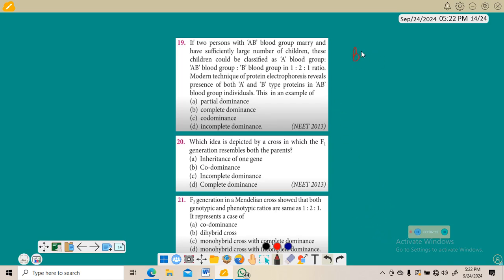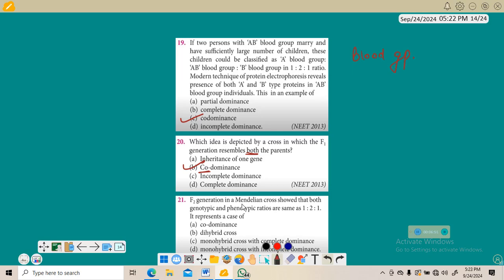So blood grouping is an example of codominance. Which idea is depicted by a cross in which the F1 generation resembles both the parents? So here the word both means codominance.